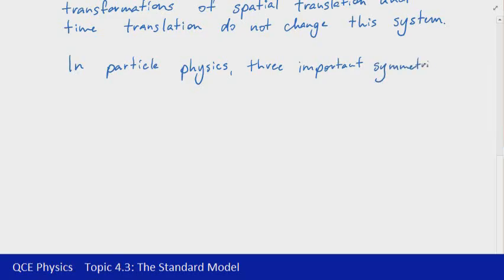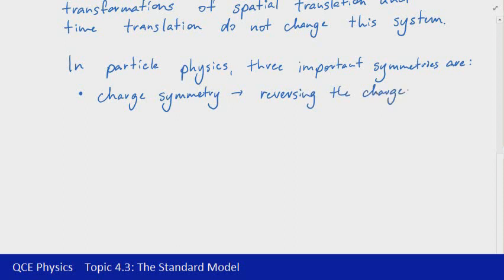So we'll look at each of them individually first and then consider what they mean together. So the first is charge symmetry, and what that means is that for a particle interaction, reversing the charges as well as other quantum numbers.